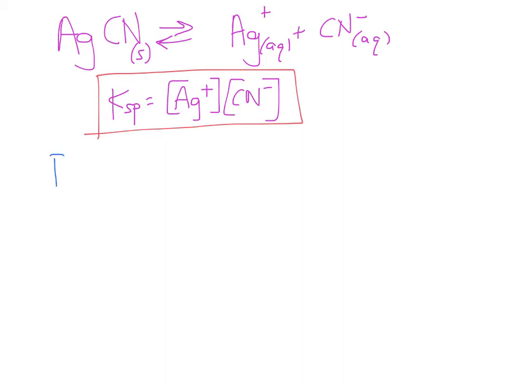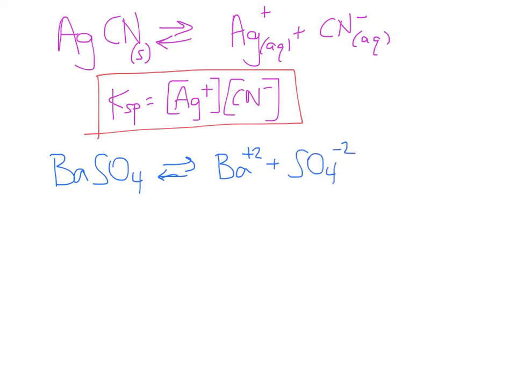I've got BaSO4. So if this insoluble thing were to dissolve, it would dissolve into Ba2+ and SO4 2-. So again, this insoluble thing is a solid. If it were to dissolve, it would dissolve into these two aqueous ions.